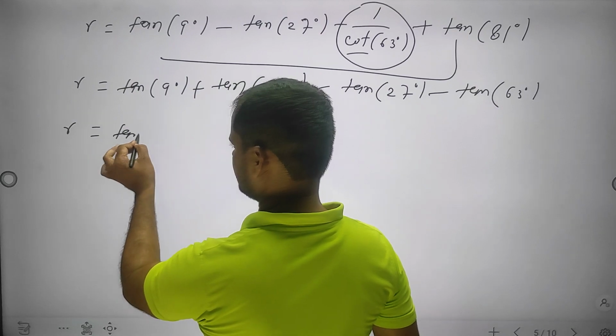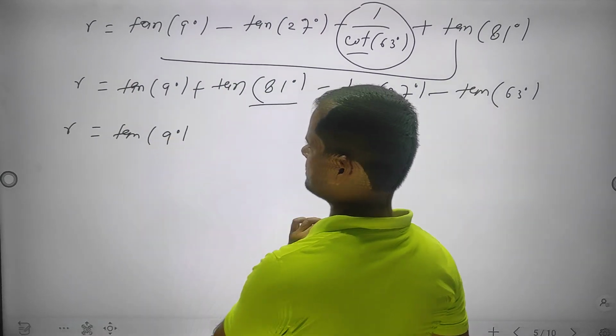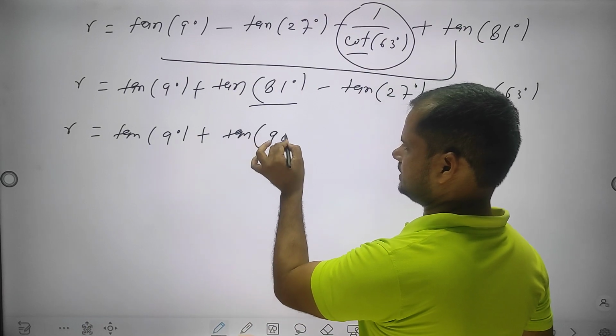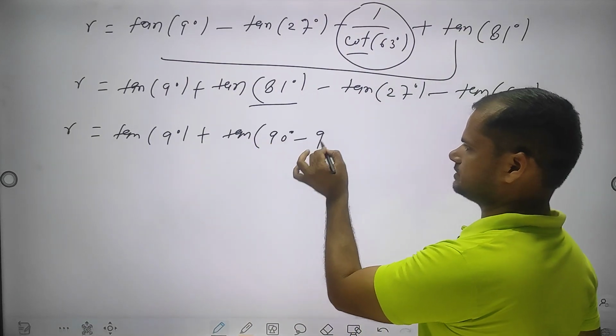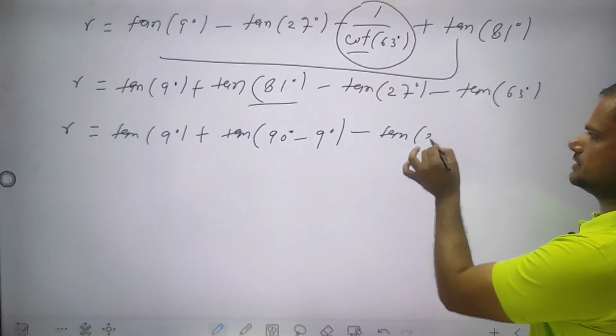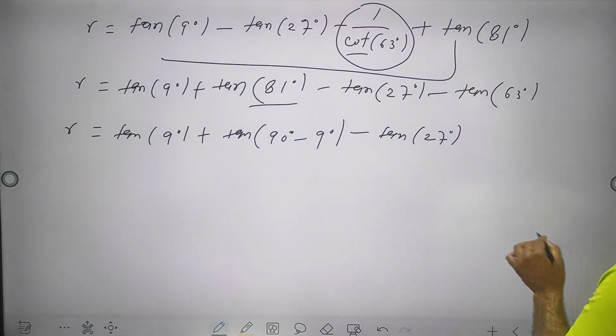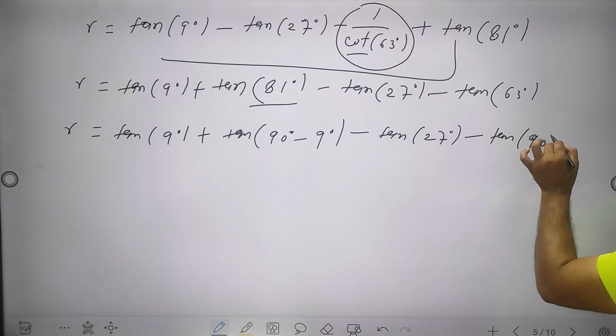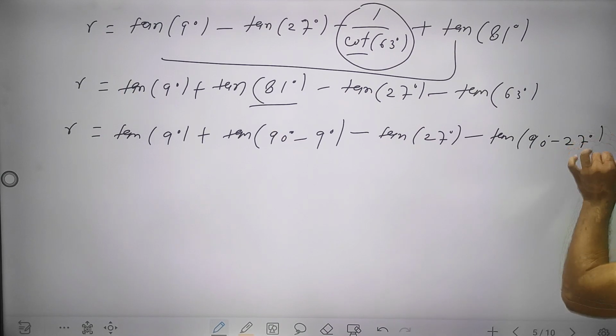Now r equals tan 9 degree, and this can be written as tan of 90 degree minus 9 degree, and minus tan 27 degree, and this can be written as tan of 90 degree minus 27 degree.